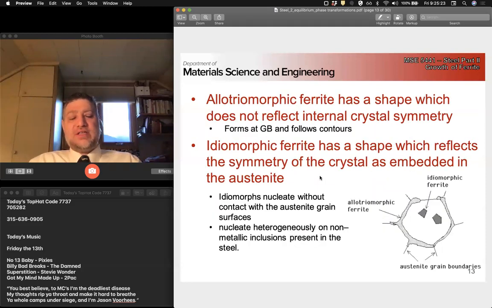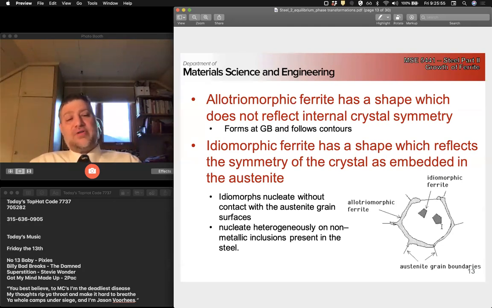And I further went on to talk a little bit about allotriomorphic ferrite versus idiomorphic, right? And allotriomorphic, or grain boundary allotriomorphs, nucleate heterogeneously on the austenite grain boundaries, whereas idiomorphic ferrite nucleates heterogeneously within the austenite grain at other inclusions, right?